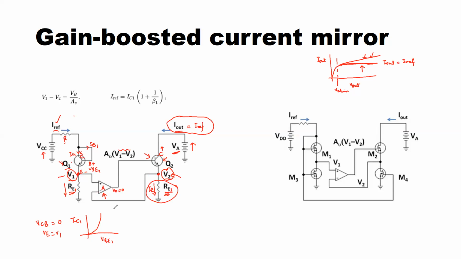So V2 goes up, which is coming right here, so the difference between V1 and V2 goes down, and hence the output voltage goes down.